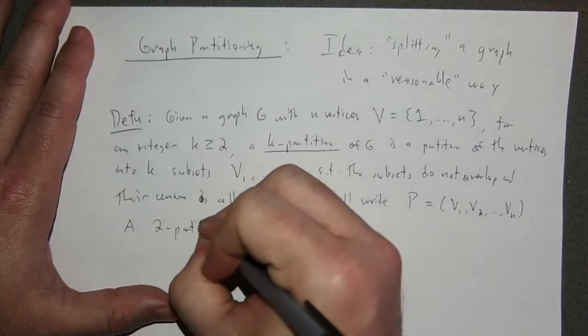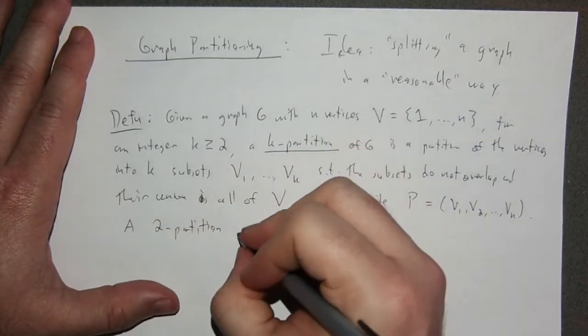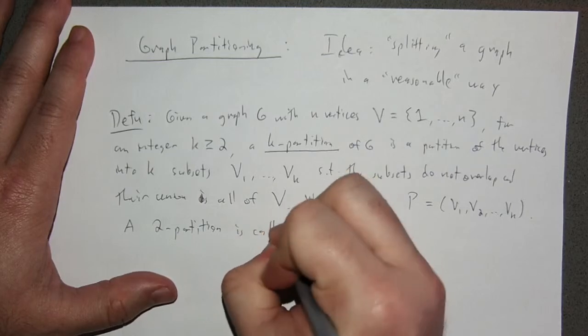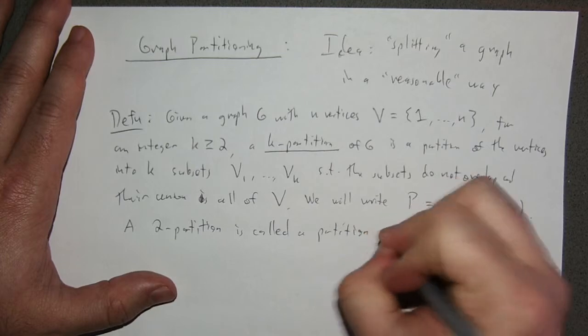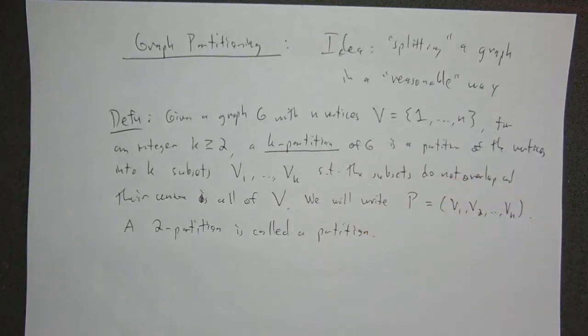So a partition into two pieces is just called a partition. So the partition that I mentioned earlier in our first example, just splitting that triangle and that square apart, that would be an example of a two partition because it breaks it into two pieces.